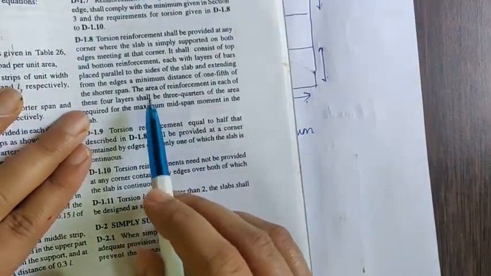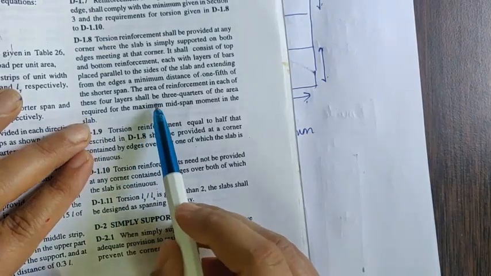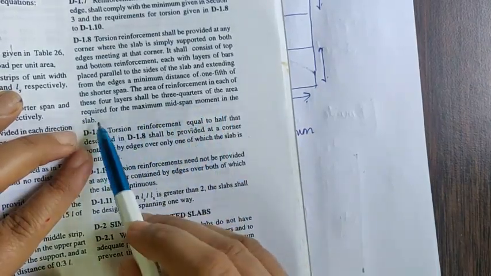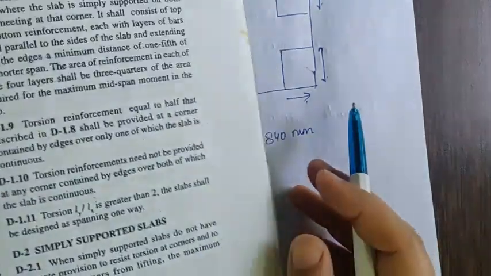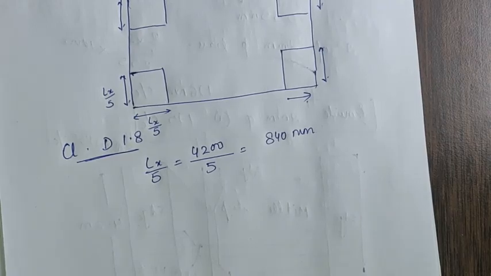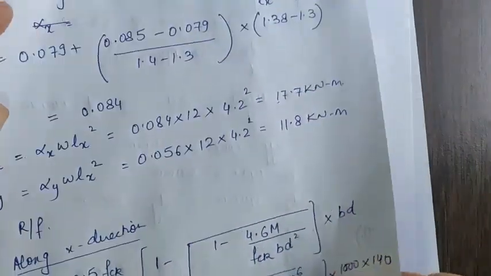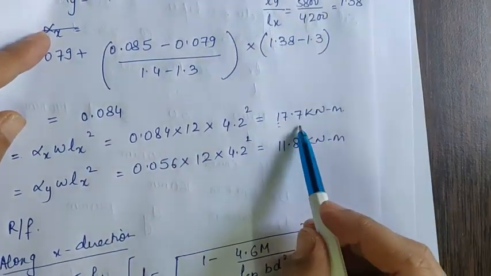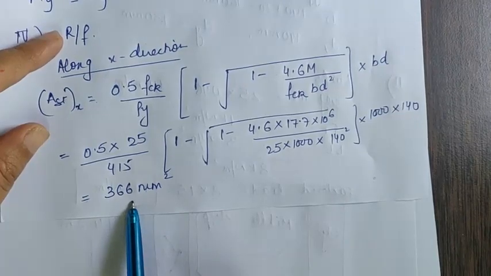So it is again written in the same clause, the area of reinforcement in each of these four layers shall be 3/4 of the area required for maximum midspan moment. Okay, so it means area required for maximum midspan moment. Our maximum midspan moment was 17.7. Area required for this case was 366.